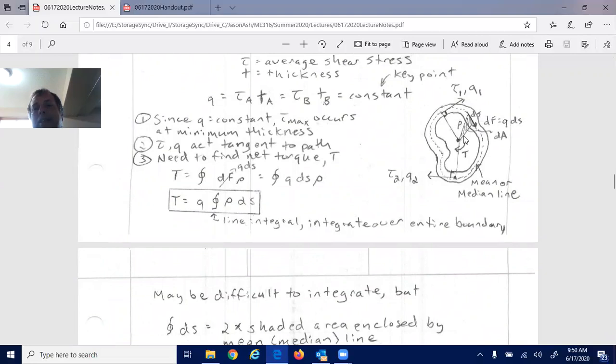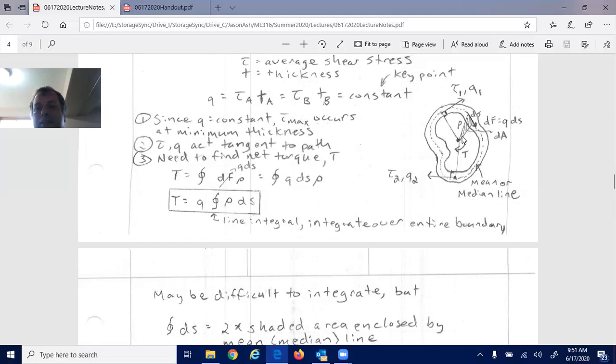You might remember this from dynamics: ds corresponds to, say, the circumference, r the radius, and theta the angle. So for a circular cross section, ds is equal to rho d theta.